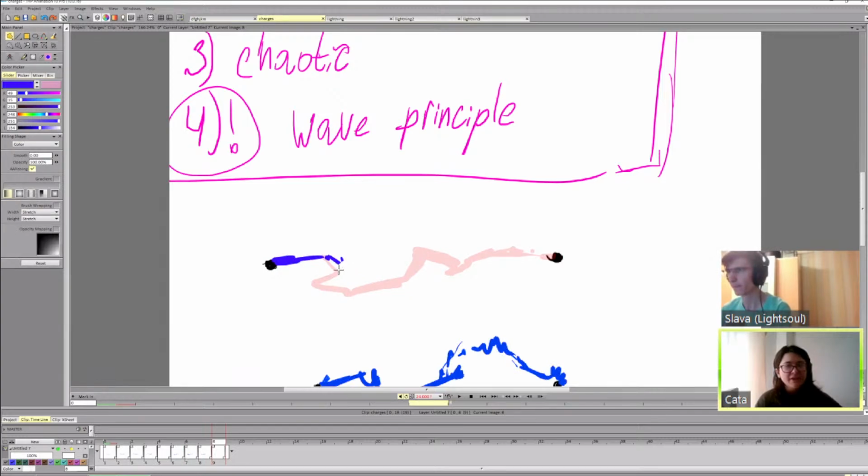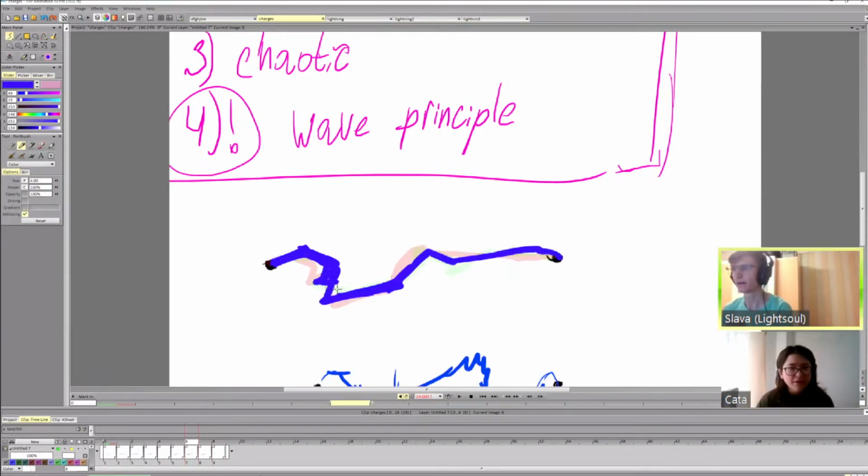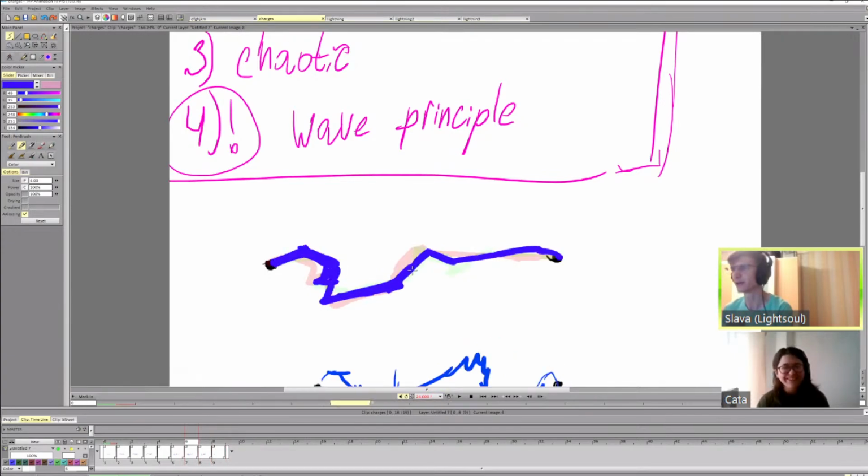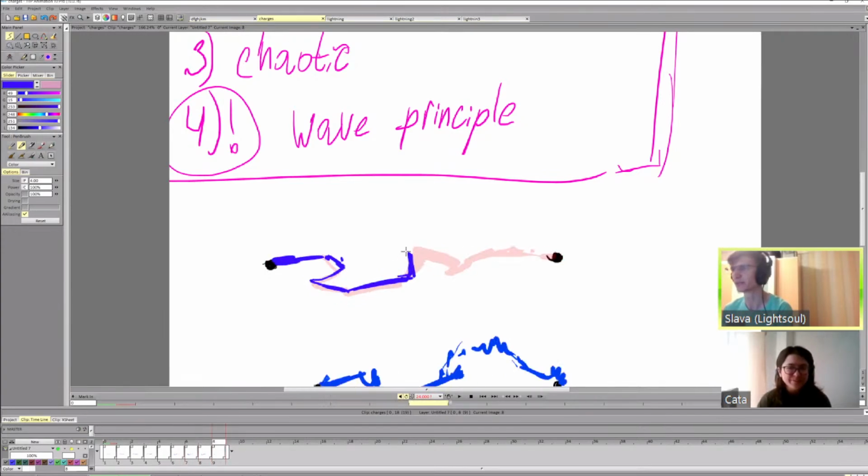The thickness of the electricity is dependent on how much charge it holds. Kinda. I mean, we're not really animating realistic electricity, so it doesn't mean much for us. Realistically, yeah, it depends on the voltage and the amount of amperes, like the power and all that stuff.